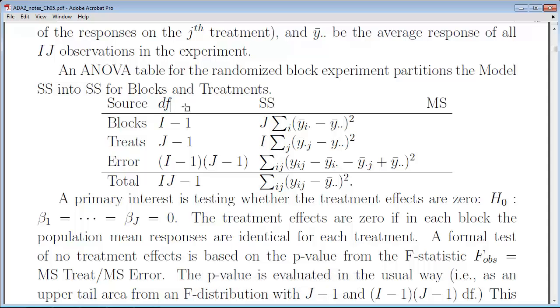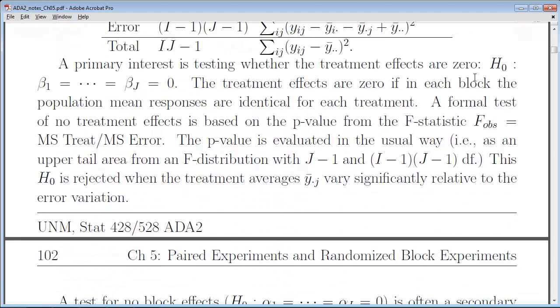And just like analysis of variance, where we ask, are all the population means equal or not, we're testing a k-1 degree of freedom test there. And when we reject the hypothesis, say that treatments are different, then we need to go in and look at which pairs differ. Okay, and so that's what this is saying here.